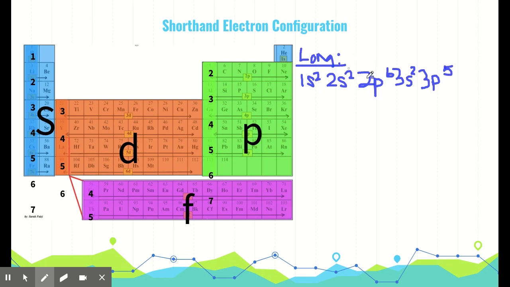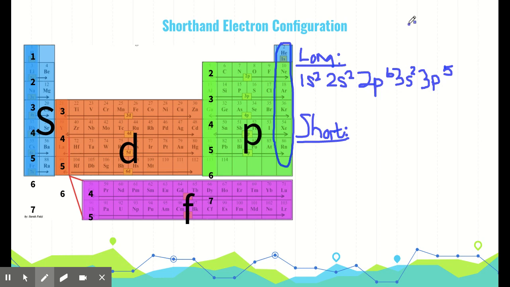Okay, that's the long version of this. So that's going through and showing every single level. The short version basically just abbreviates it so that you can start from any noble gas. So these are your noble gases. And then go from that point.